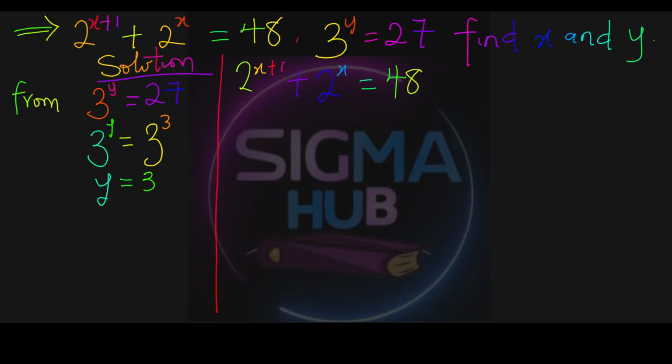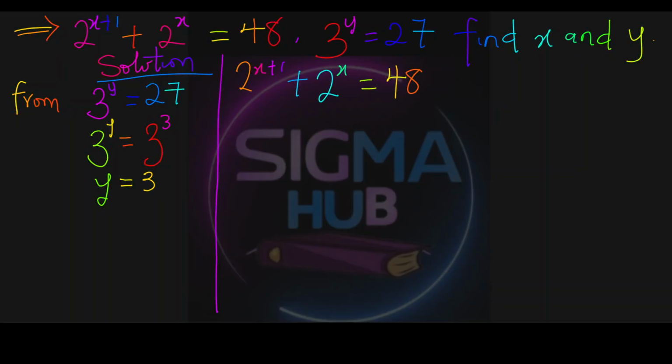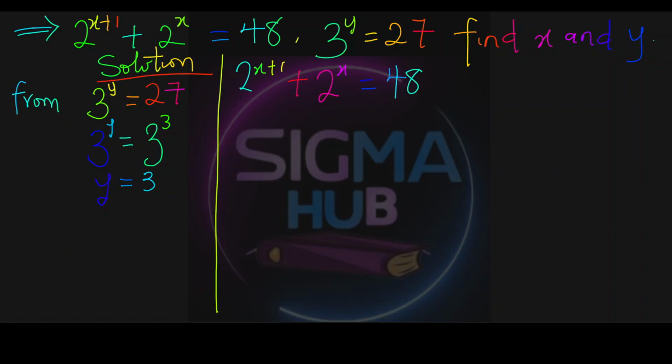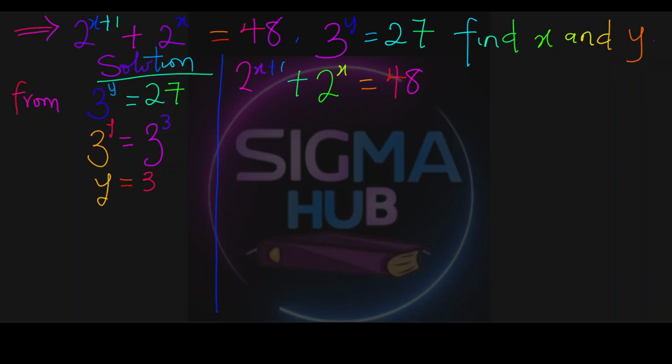It is also quite easy, because based on what we have here, you can see that there is a common term here. And the common term here is 2 raised to the power of x.